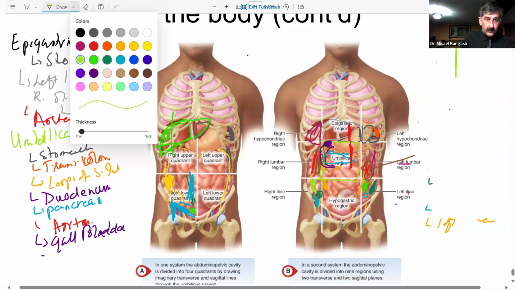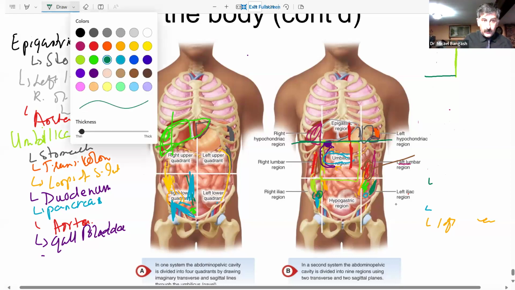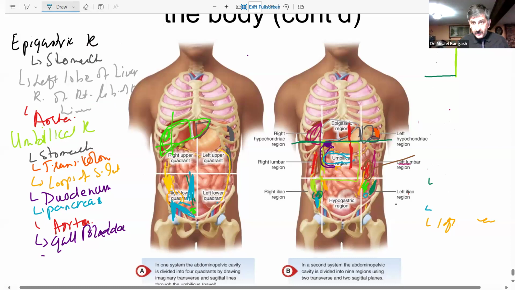It comes across this line here, which runs just across the line of your transpyloric plane. And ideally, guys, at this junction point here, that's where the gallbladder will be.